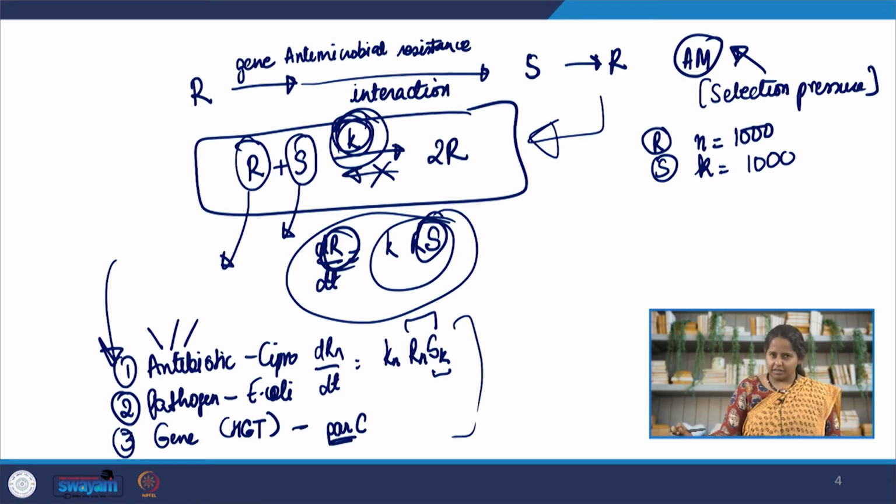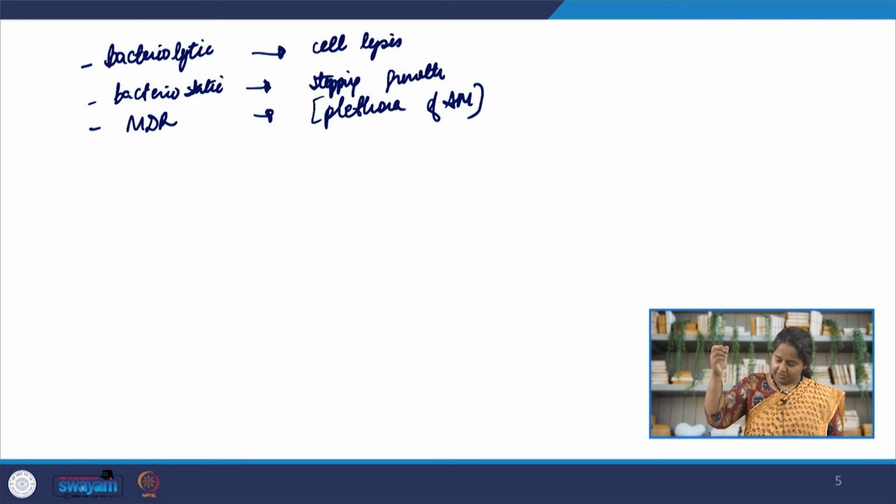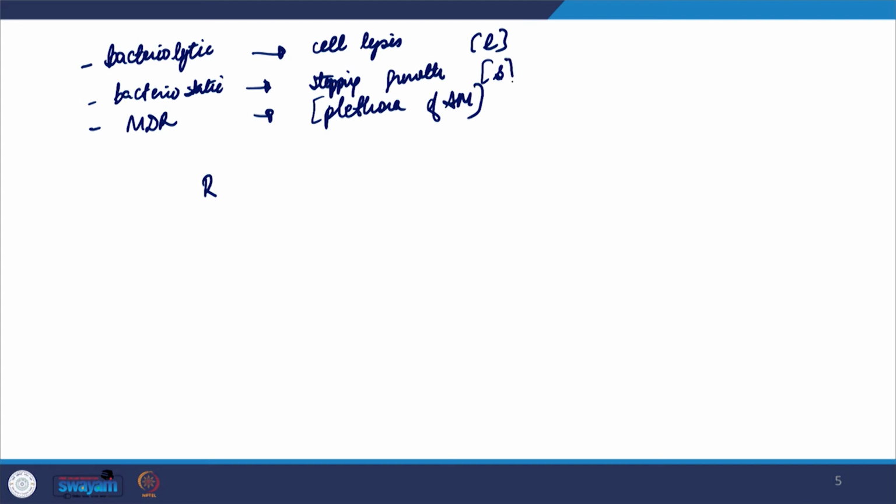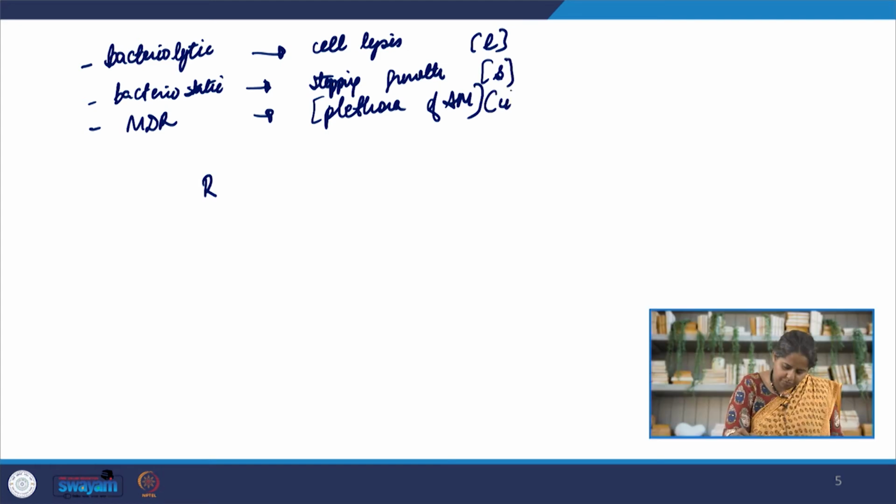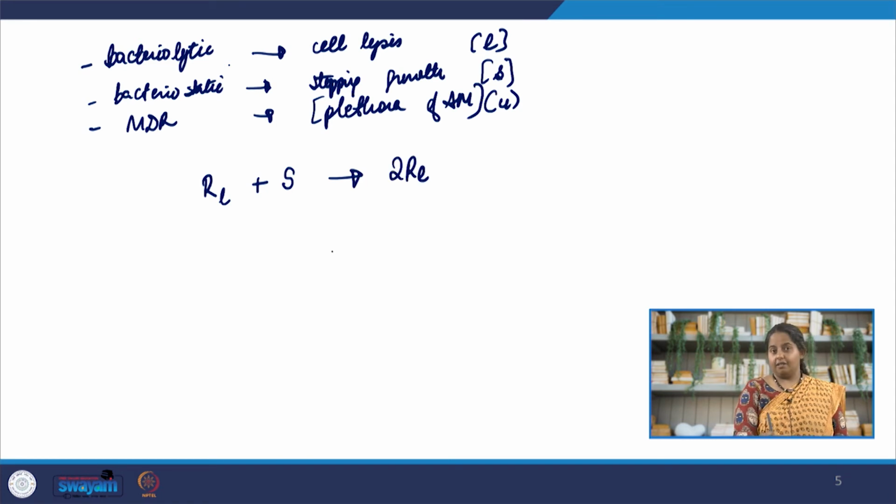This becomes slightly complicated, not really complicated, but we have three of these equations now. What we have is bacteria that is resistant, let's call bacteriolytic, use alphabet L. For static, I'll use small s, and for MDR, let's use U. Okay, L, S, U. So, let's say a bacteria that is resistant to an antimicrobial which is bacteriolytic, L, interacts with a sensitive bacteria, and now we have two bacteria that are resistant to this bacteriolytic antimicrobial.